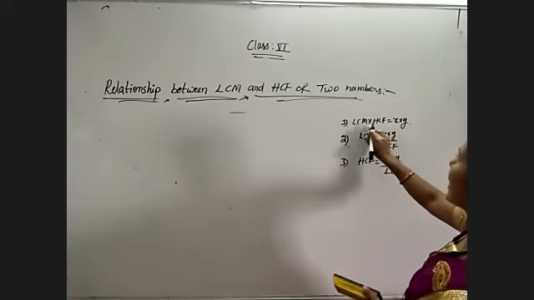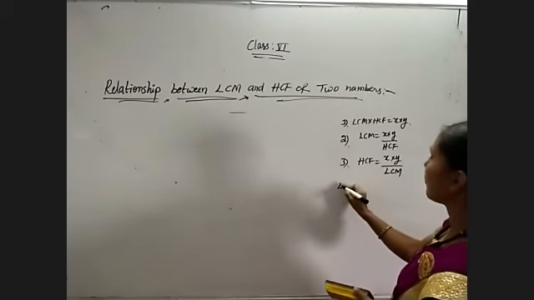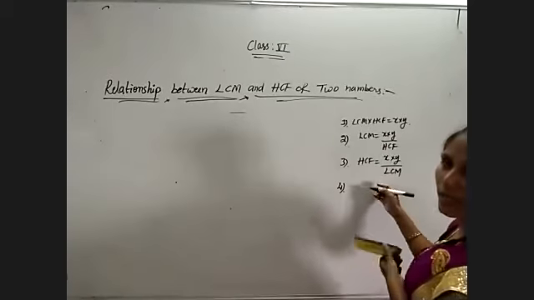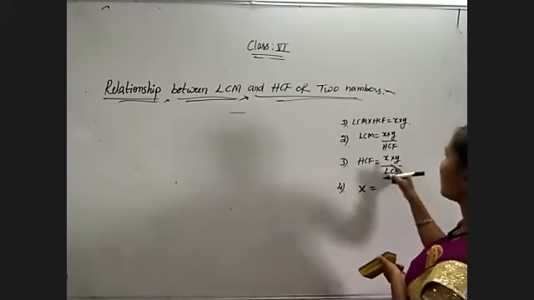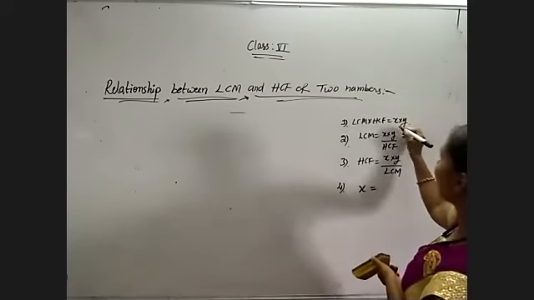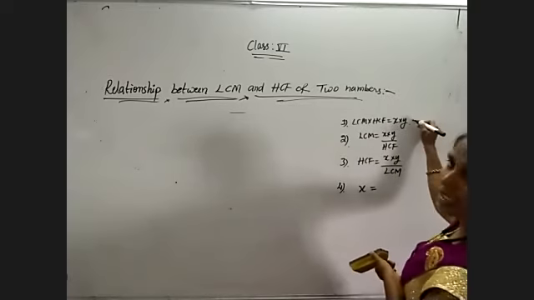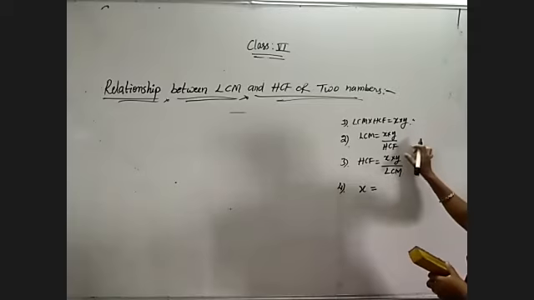So x into y, multiplication is there, by bringing this side, it will become division. That's all. And my fourth one is, if any one of the numbers is given and I want to find out the other number, for that case, x or y. This value I want to know, use this equation only. For all these calculations, use the first three basic equations. From here only we are getting all these formulas.